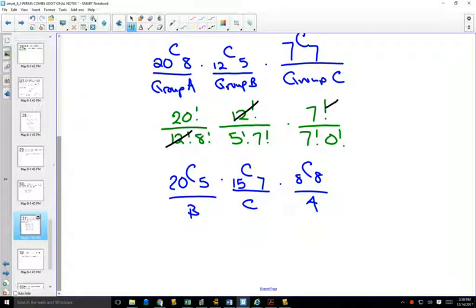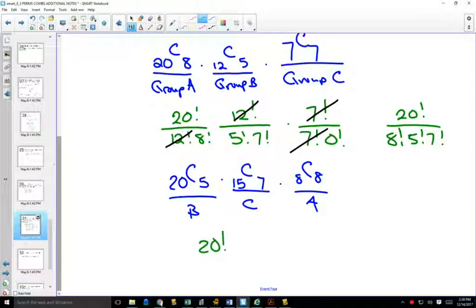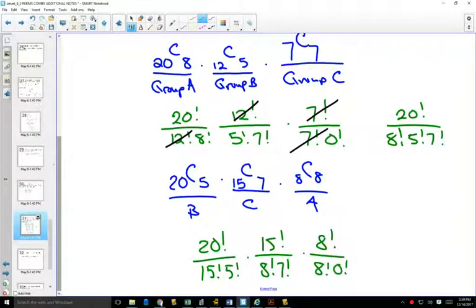And you're left with 20 factorial over 8 factorial, 5 factorial, 7 factorial. What's 0 factorial? 1. If I did it the other way, 15 factorial over 15 factorial, 5 factorial, then 15 factorial over 8 factorial, 7 factorial, and then 8 factorial over 8 factorial, 0 factorial. And this 15 is going to cancel out, and these 8s are going to cancel out, and the 0 factorial equals 1. Can you see that we have the same thing?